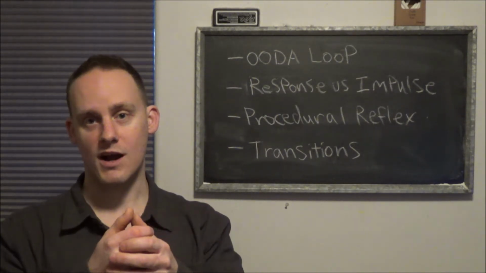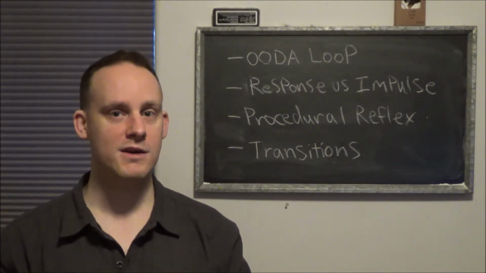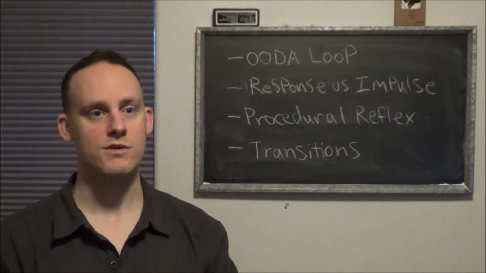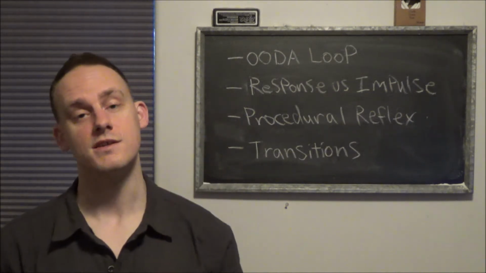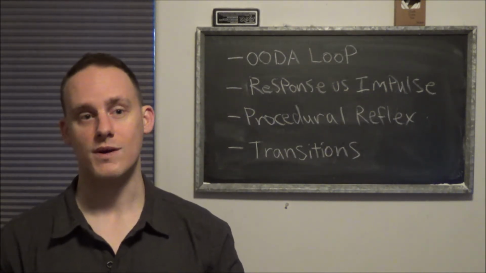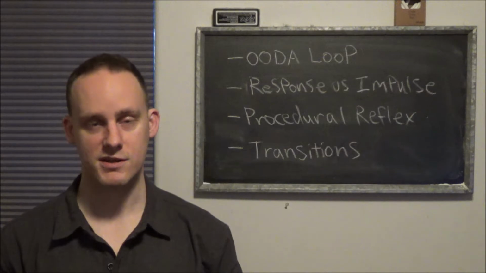Because taking your eyes off the threat for any amount of time, you will miss a lot of detail, and you're putting yourself behind the power curve, because it does take time to go through the decision-making process and to identify a threat. You're missing out on that potential threat.